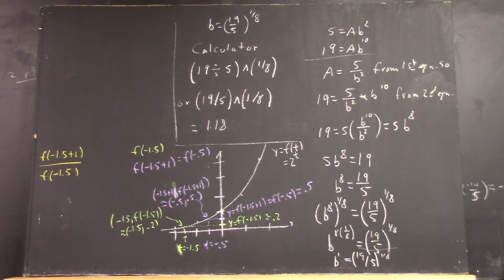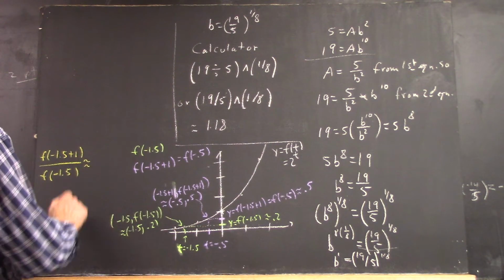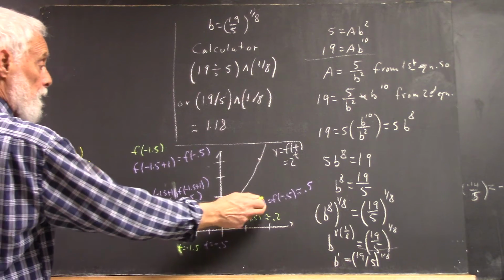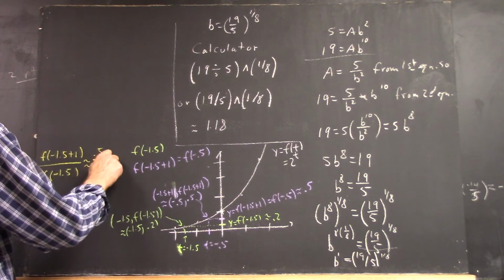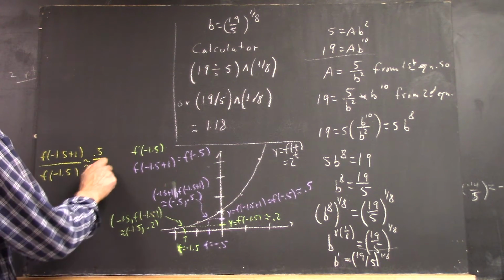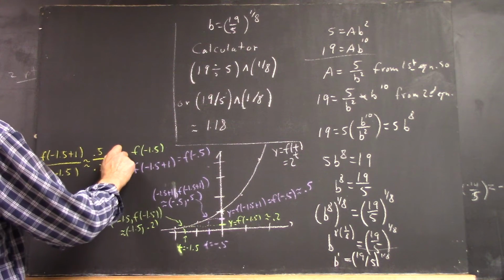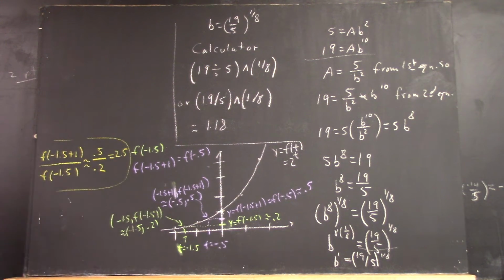So how are we going to calculate that? Based on our estimates, f of negative 1.5 plus 1 is 0.5, and our estimate for f of negative 1.5 is 0.2. And that's 2.5. Okay?